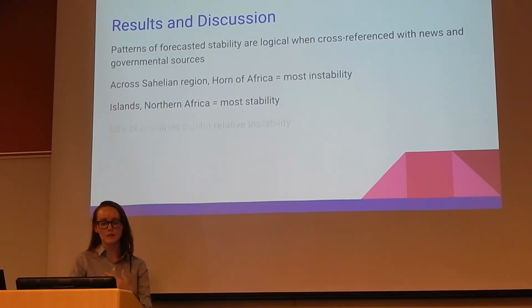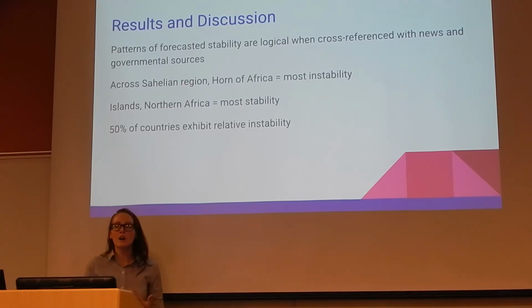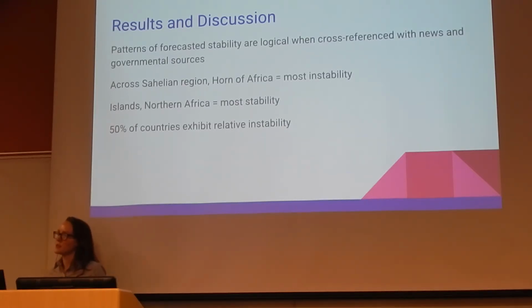After that, the model is going to have to change a little bit to bring in some of these climate change factors. 50% of the countries in Africa have relative instability, so that was that number 4 ranking, just below volatile. And that's something that I just find really interesting.